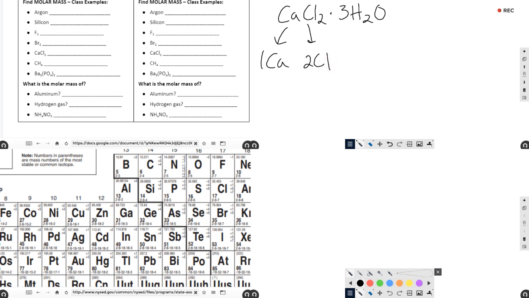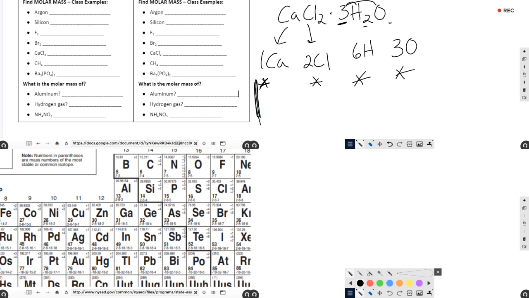Over here though, this coefficient applies to everything inside of here, so I have to distribute it, and then the subscripts matter, right? So I have 6 H's and 3 O's. And then you would do it the same way. Find the molar mass for calcium, for chlorine, for hydrogen, for oxygen, and then you would add them all up, okay?